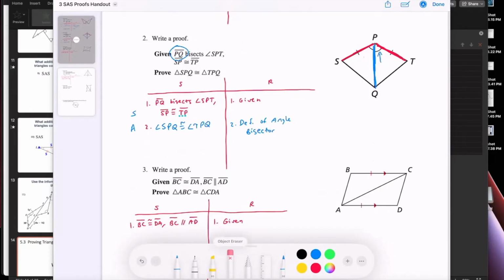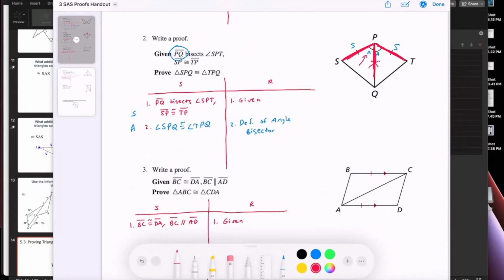Okay, so if I keep track of what I have, I have this side and the angle there. So for side angle side, I need the two sides that make up the angle. So we have this red side here. Okay, and this angle is made up of this side as well, right? So what I also notice is with this side that I highlighted here, it's a shared side, right?